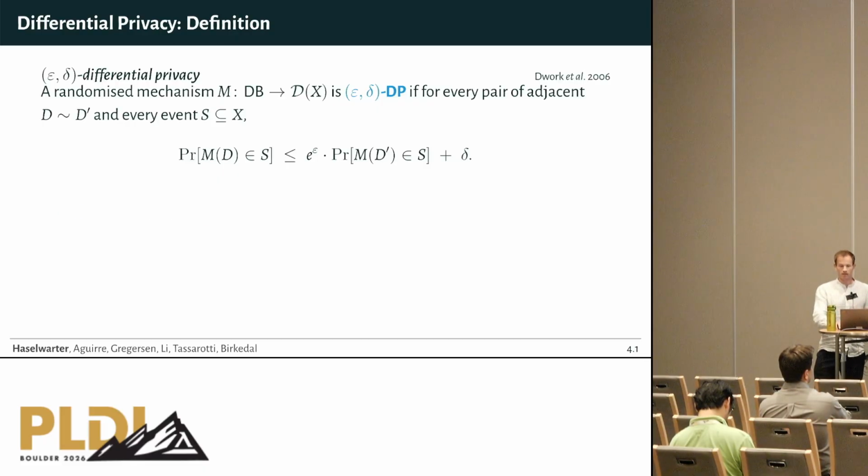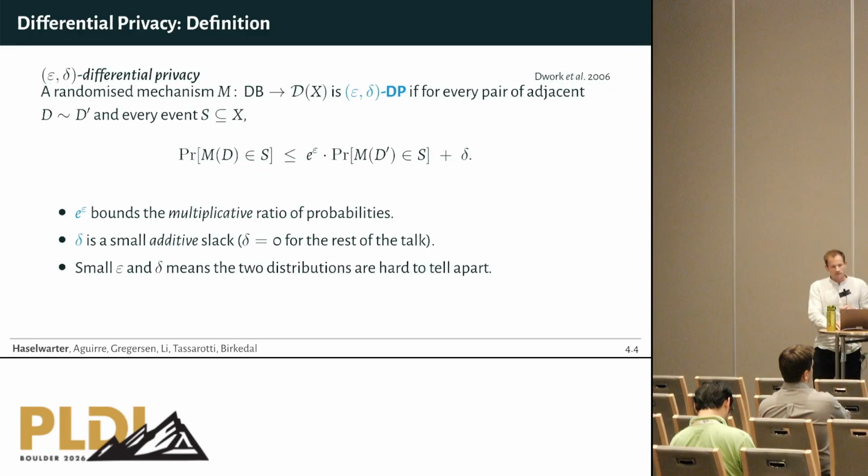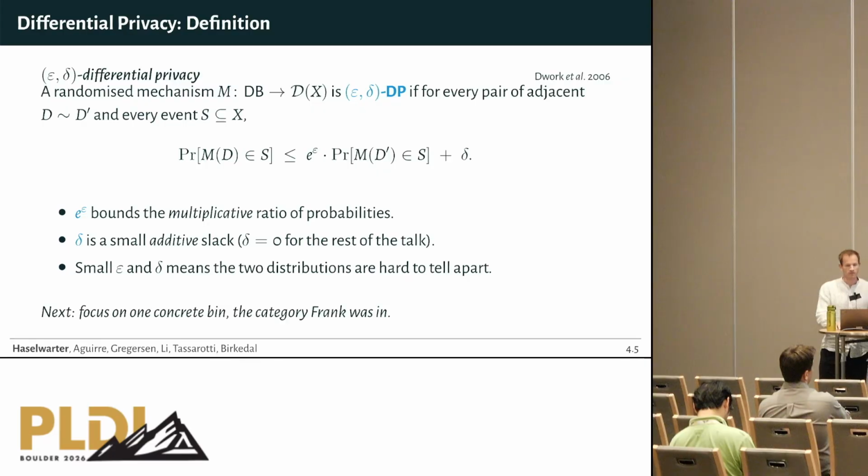And then we also allow for some additive slack. Our logic supports that, but for the most part, we're going to ignore that. And so small values for epsilon and for delta mean that the distributions are very similar, very close. So they're hard to tell apart, and that means good privacy for us, so that's what we're trying to prove.